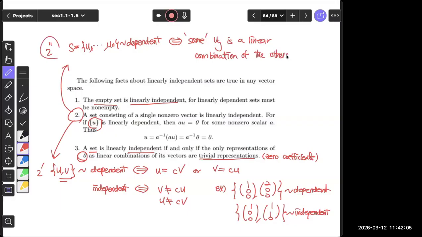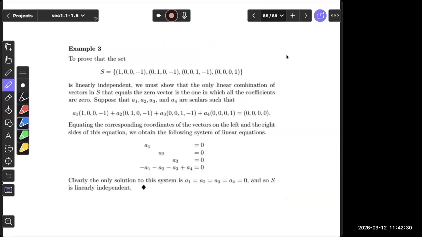Even though this property is a little bit difficult to apply, because if you have many vectors it is not that clear. But if you have only two vectors, then it can be easily confirmed. So it is very easy to use this property to check the linear dependence of a set of two vectors.